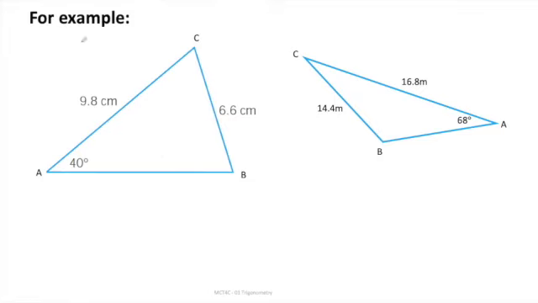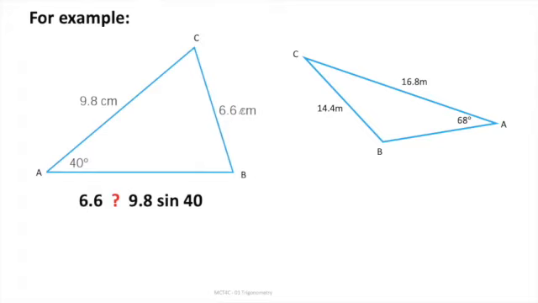Okay. So for example, if we were to test what A is, and if it's greater than B times the sine of A, then we're able to tell if we're going to be able to actually draw this and how many triangles there are.